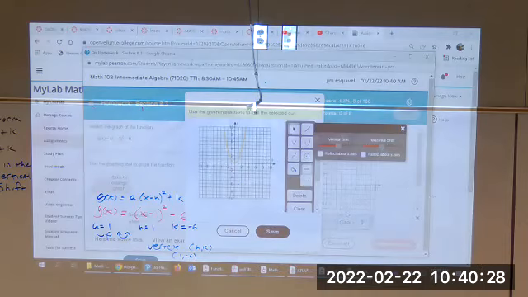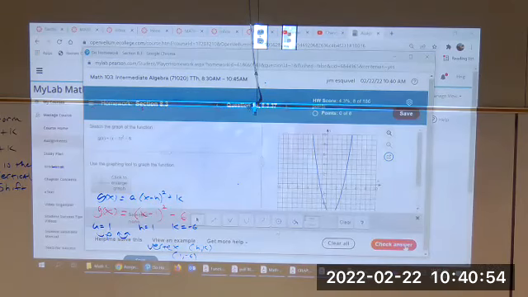Now, I think we use the arrow. 1 to the right. And then we want to go down 6. So, up. Negative 6.